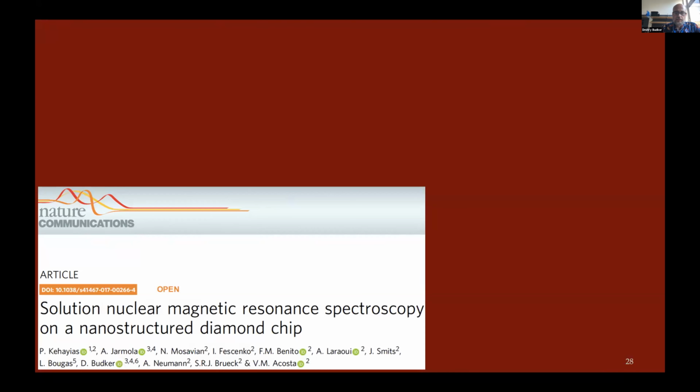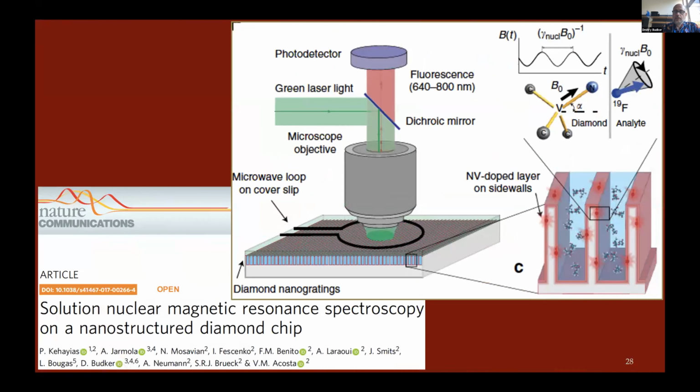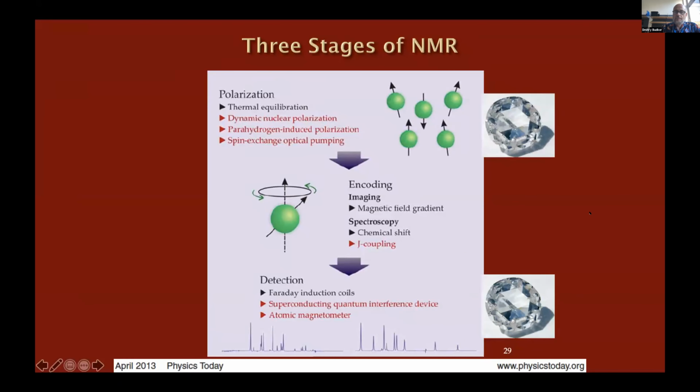For instance, for detection, here is an example of a recent experiment done in the group of Professor Victor Acosta at University of New Mexico, where a small quantity liquid NMR is detected with specially profiled diamond sensors. You can actually polarize nuclear spins in diamond and then try to transfer the polarization to the sample you want to measure, a lot of people are working on this, and also you can use these diamonds for encoding somehow.